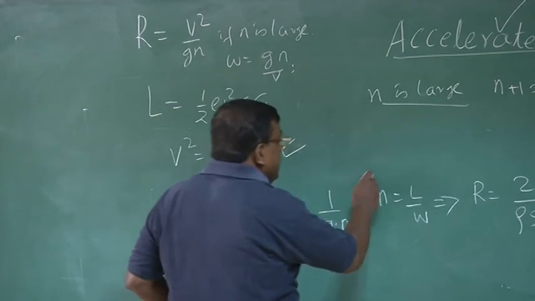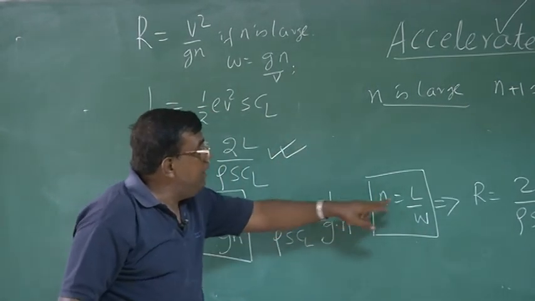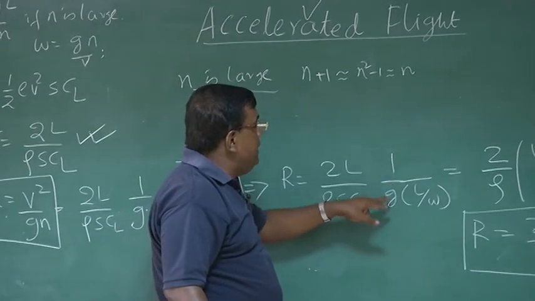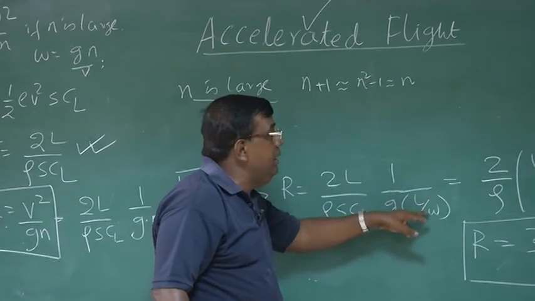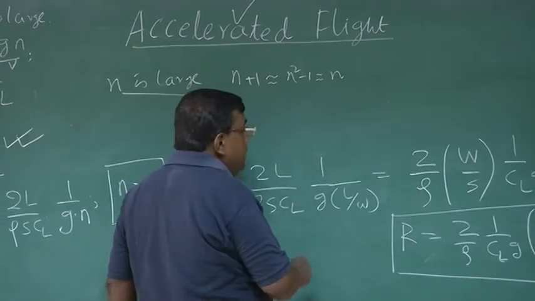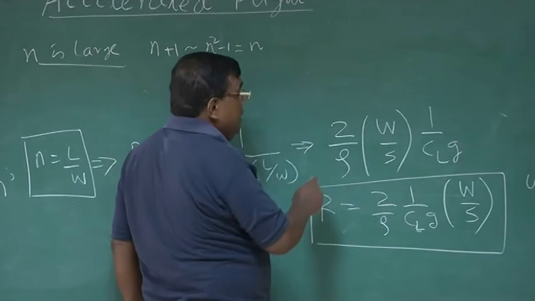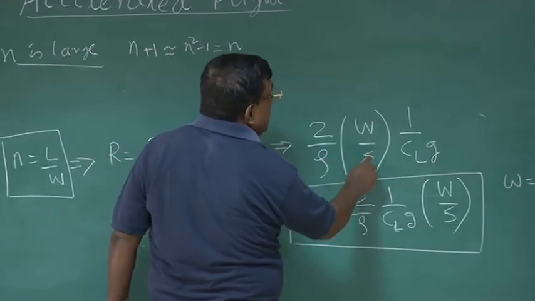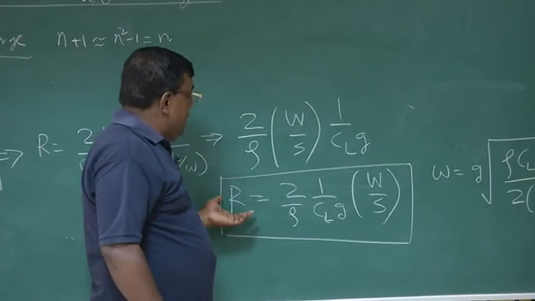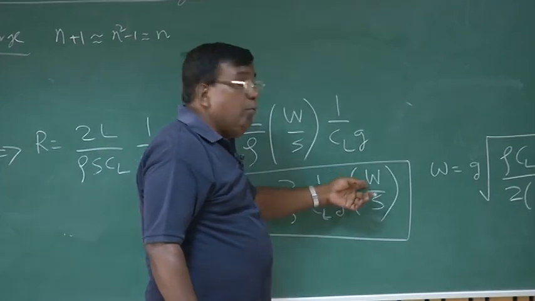It is a load factor, so n equal to L by W. So I will be replacing n by L by W in the next expression. You see, 2L by rho S CL times 1 by g. Instead of n, I am writing L by W. After that, I realize this L gets cancelled and W comes in the numerator. So I can simplify this expression as 2 by rho, W by S, 1 by CL g. Or the final expression for the radius comes as 2 by rho, 1 by CL, times 1 by g, times W by S.